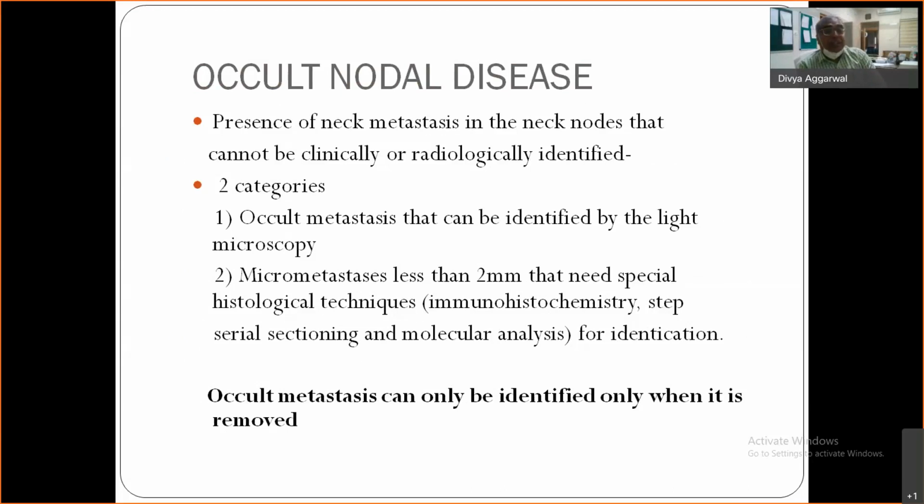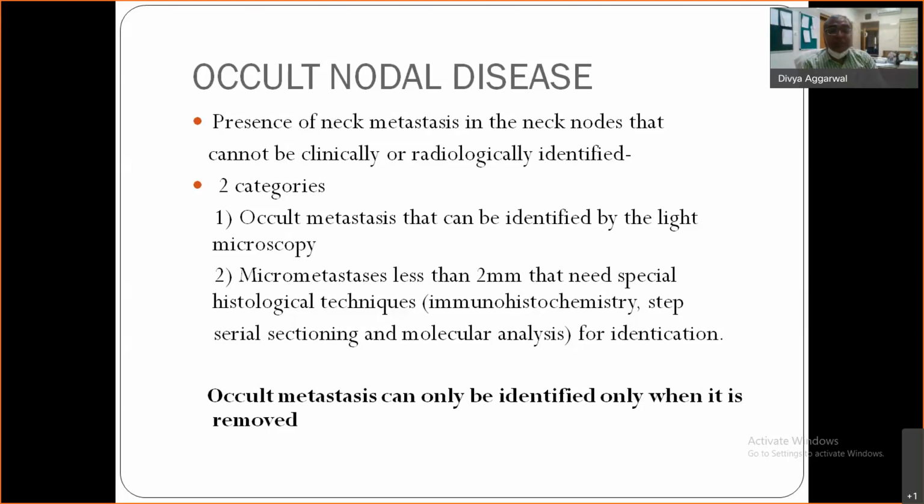See, there is some disease which is occult, which cannot be seen either clinically or radiologically. And when you do a neck dissection, either by light microscopy or by some histological techniques like immunohistochemistry, step serial sectioning and molecular analysis only, you can find an occult nodal disease.